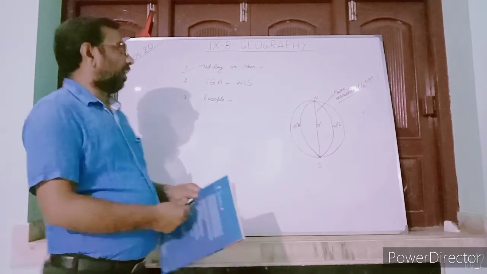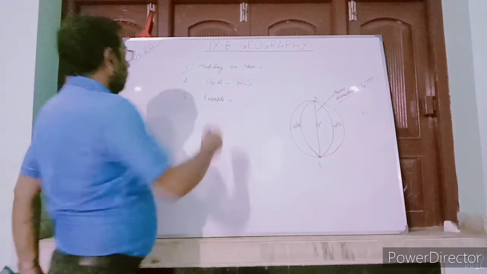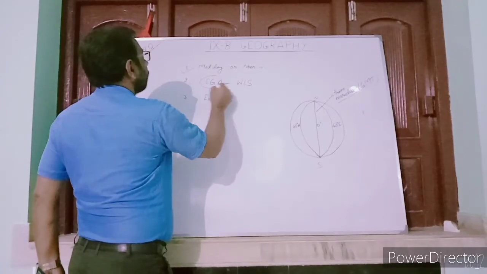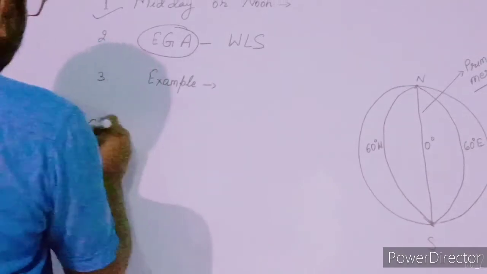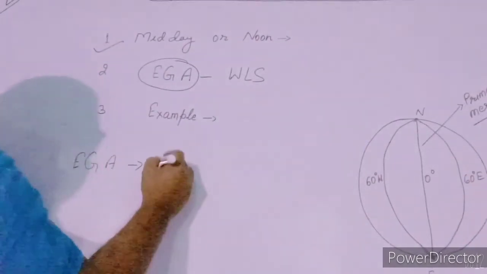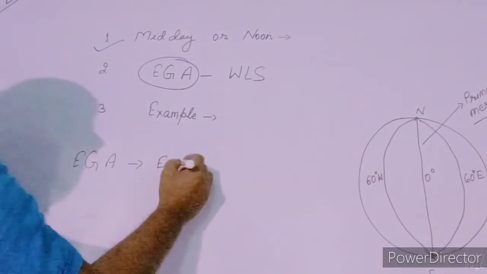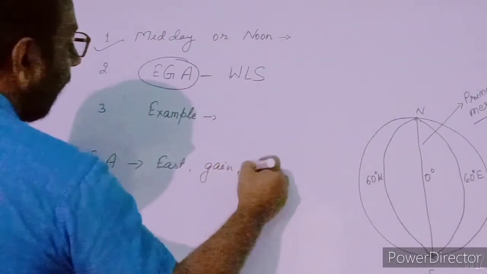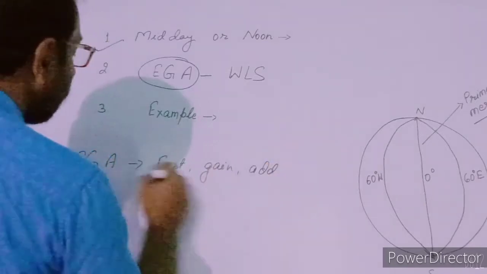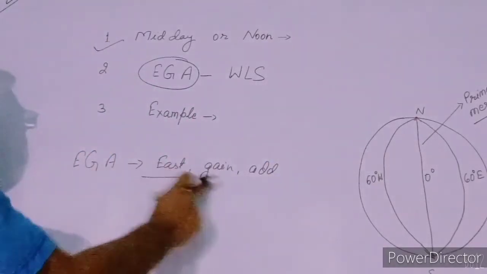That formula is named EGA. The full form of EGA is East Gain Add. These three words: E for East, G for Gain, A for Add.